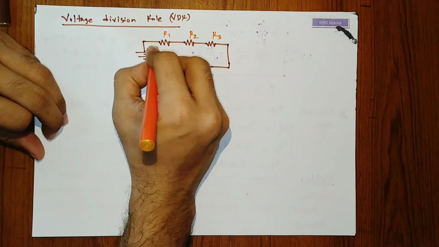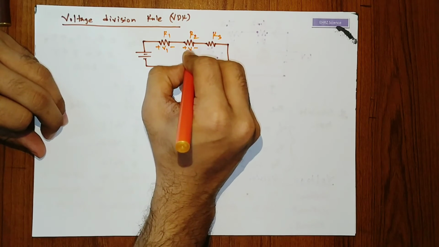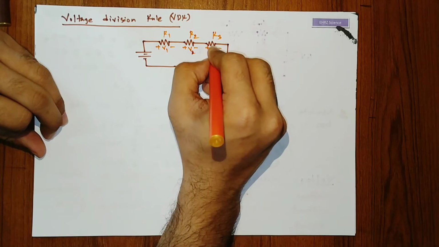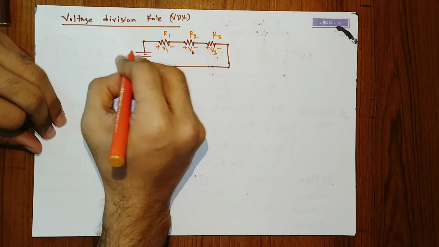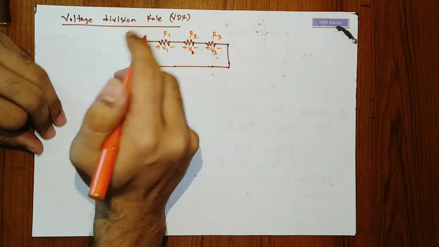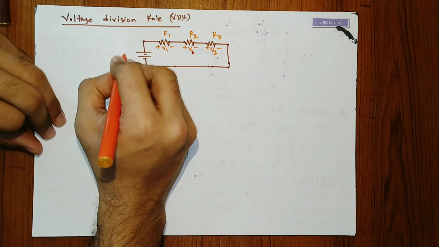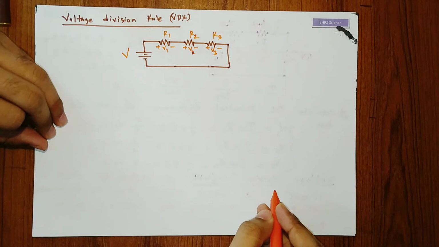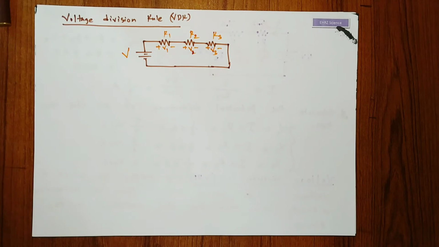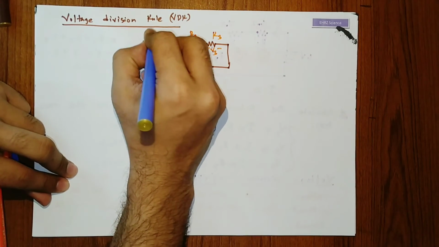The potential drop across R1 is V1, across R2 is V2, and across R3 is V3. The total potential drop across the circuit is, say, V volt. And the current flowing through these resistors is I.